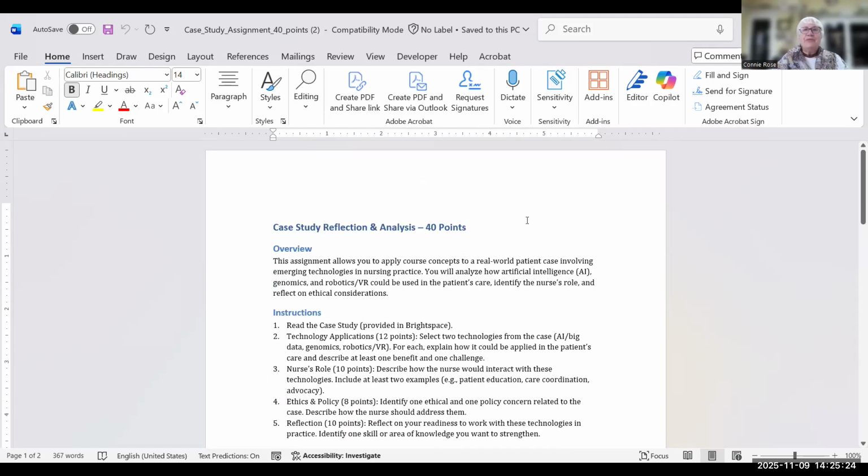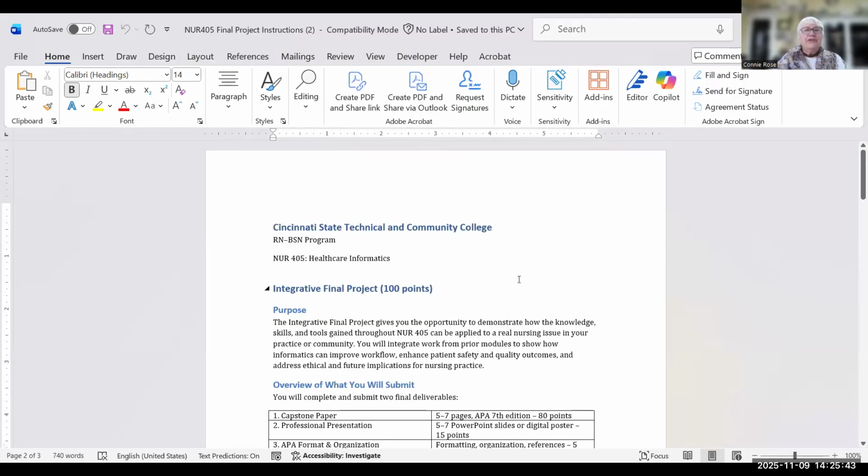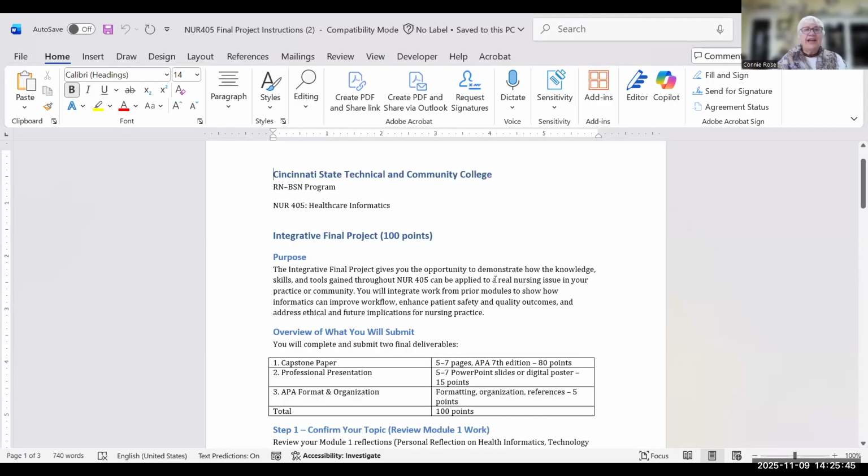Also remember that we're nearing the end of the semester where you're going to have to complete your final project. All right. So as far as the final project instructions, that's under week 8, and it covers everything that you've been working on this semester.